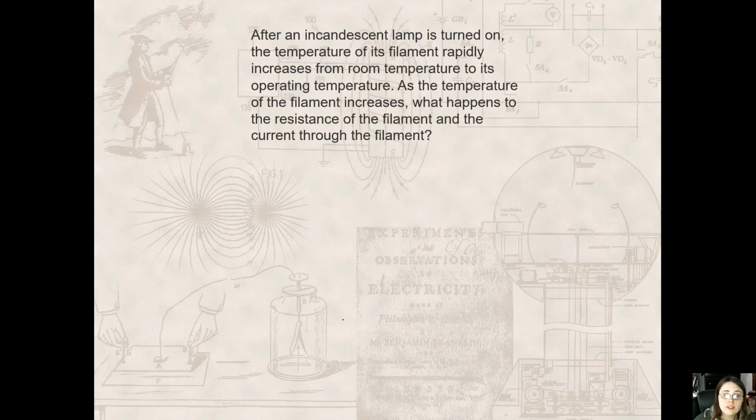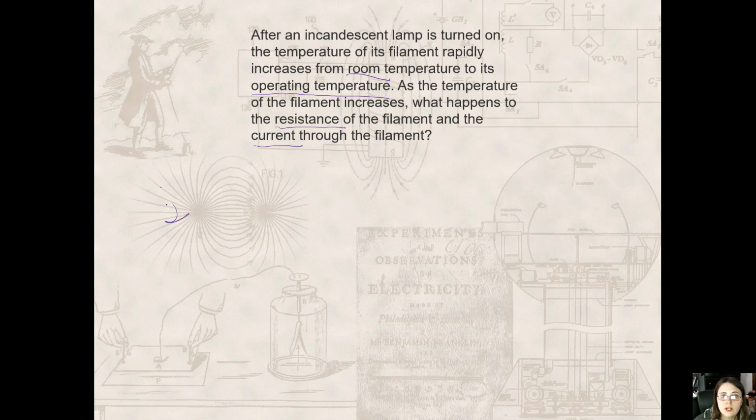Now, the temperature does come into play. It's not just a little note. After an incandescent light is turned on, the temperature of its filament rapidly increases from room temperature to its operating temperature. As the temperature of the filament increases, what happens to the resistance of the filament? And the current.